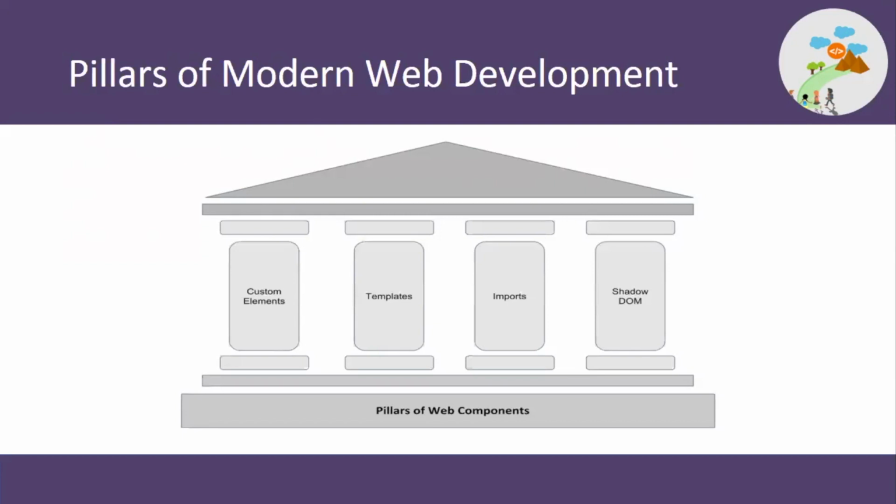Earlier JavaScript was not very powerful, but with the advent of ES6, it has some really powerful features that have made web development easy, a lot more modular and reusable. And the picture on the screen defines the 4 most common pillars of modern web development. So let's understand what these are.